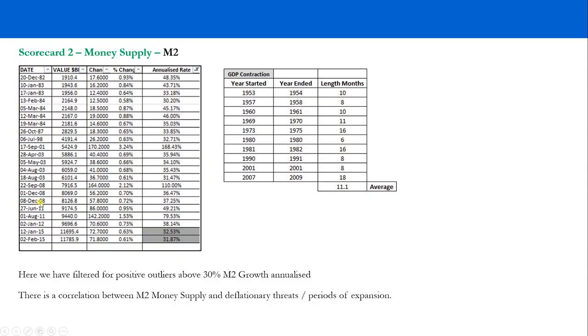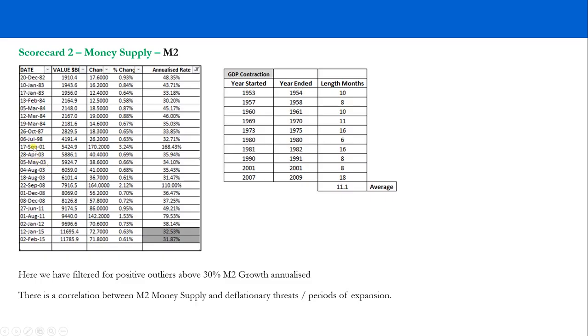We also have the week where the Bernie Madoff hedge fund blew up in December. We also have Lehman Brothers week in September 2008. We have the expansionary period coming out of the deflationary period of the early noughties, after the tech bubble burst in the stock market and after September the 11th.